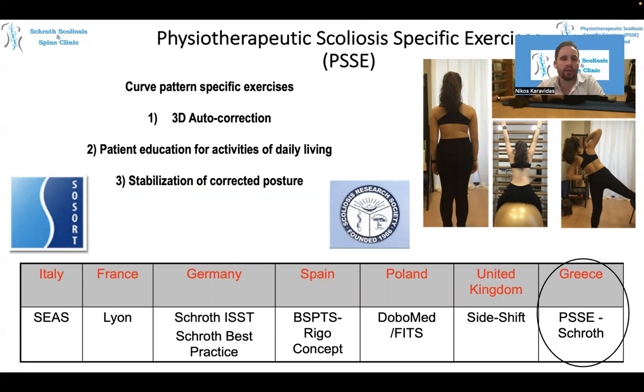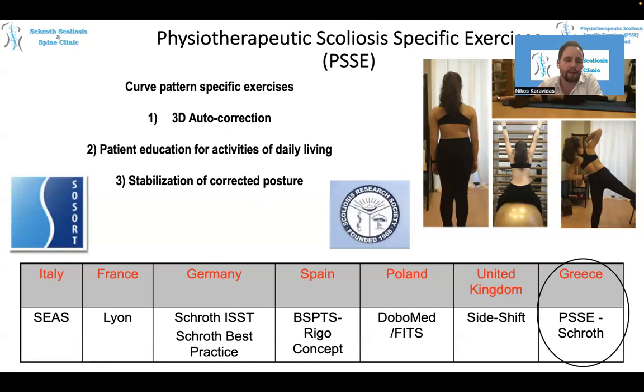And according to the SOSORT, these methods should be curve pattern specific exercises and should have some common basic characteristics: the 3D autocorrection, the patient education for the activities of daily living, and the stabilization of the corrected posture.